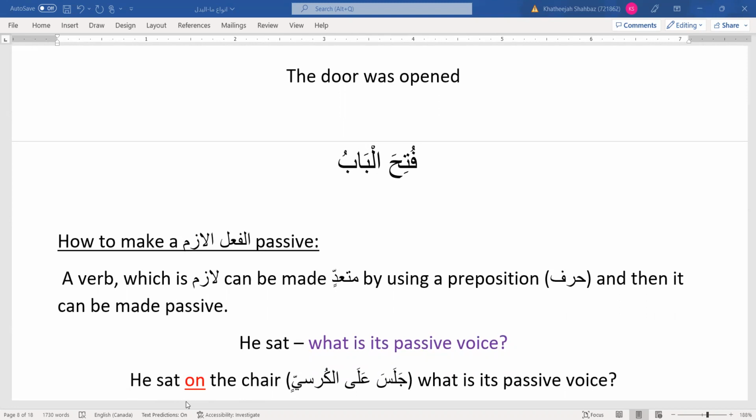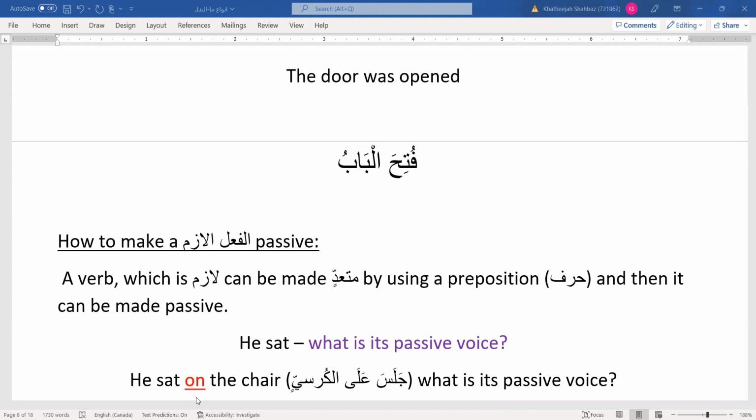To add the word the chair, I have to first use the word on. Without using on, I cannot add chair to it. Using the word on enables me to add the word the chair. So he added a preposition or a harf.